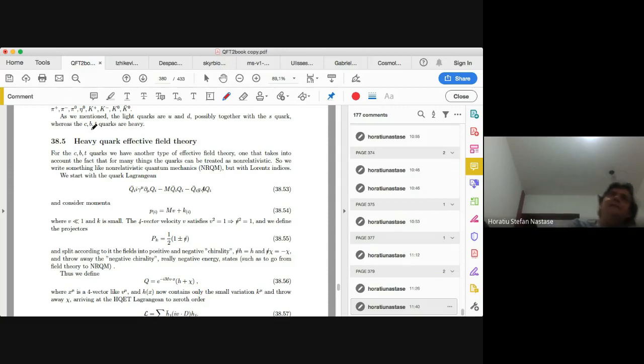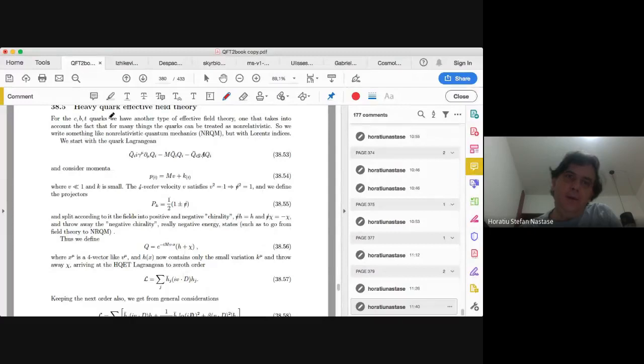So for them we have the opposite expansion. If up, down, and strange quarks were ultra-relativistic, meaning nearly massless, charm, bottom, and top are non-relativistic, meaning with velocities much smaller than the speed of light.